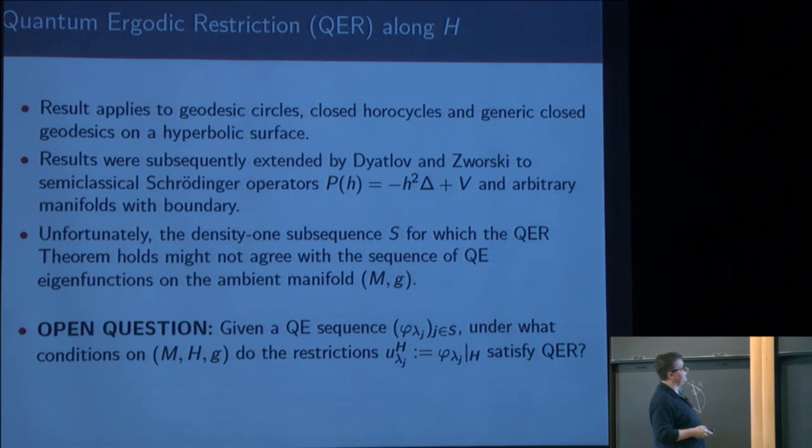So this point is just the point that I was making a minute ago, that the density 1 subsequence that you have to throw away might not agree with the sequence of QE eigenfunctions on the ambient manifold. That's a big problem. Why do you care? Well, because if you then have a theorem that says all eigenfunctions are quantum ergodic, like Lindenstrauss's theorem, if this were the same sequence, then you would.